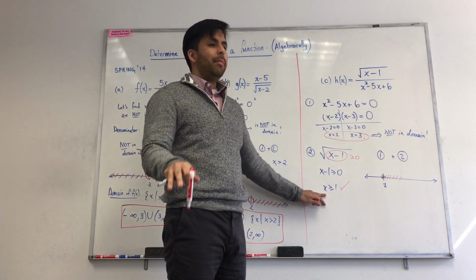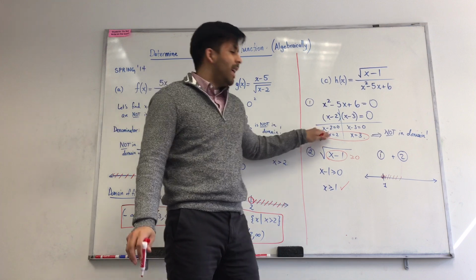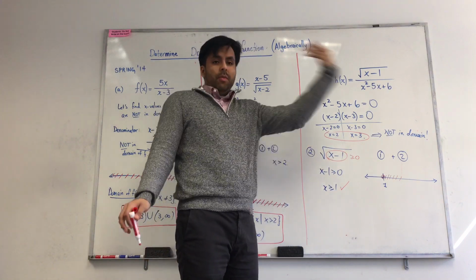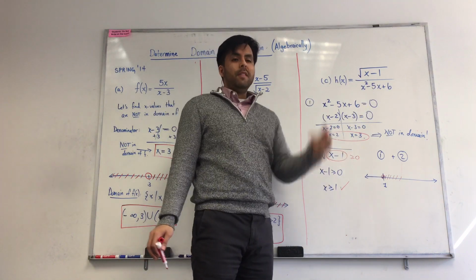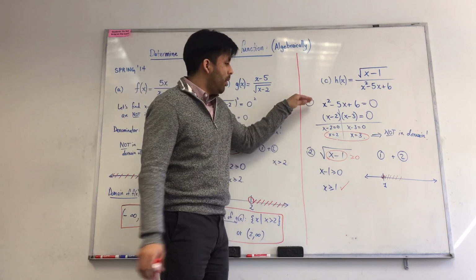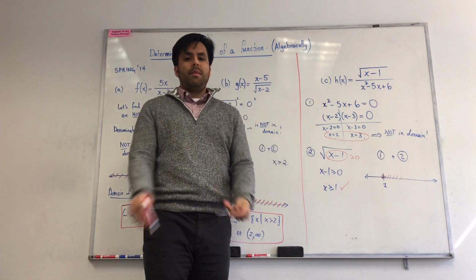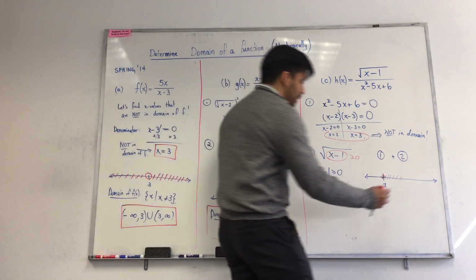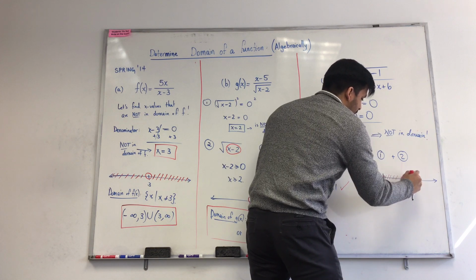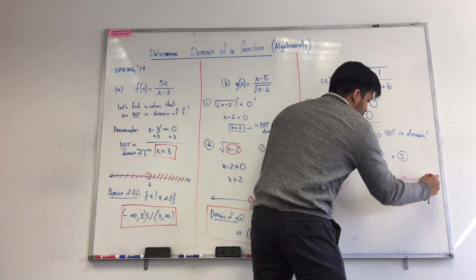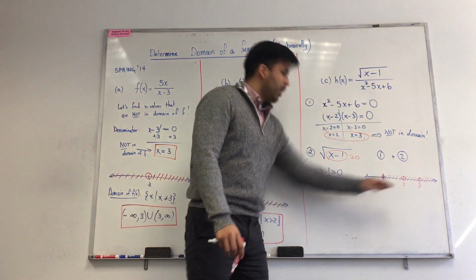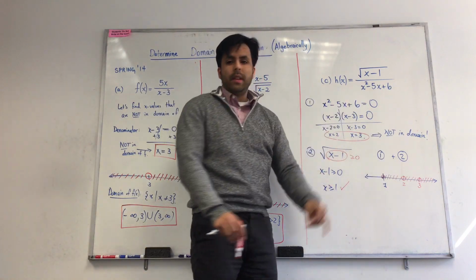But at the same time, I have to consider that x equals 2 and x equals 3 are not in my domain. So everything bigger than 1 is good. But these two, even though they're bigger than 1, cannot be in my domain because I need both of these two results to coincide with one another. So then I have to exclude 2 and I have to exclude 3. So everything that's bigger than 1 except for 2 and 3.